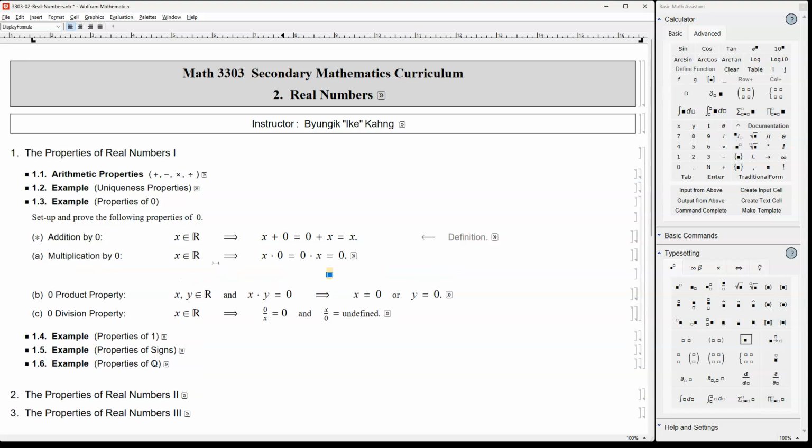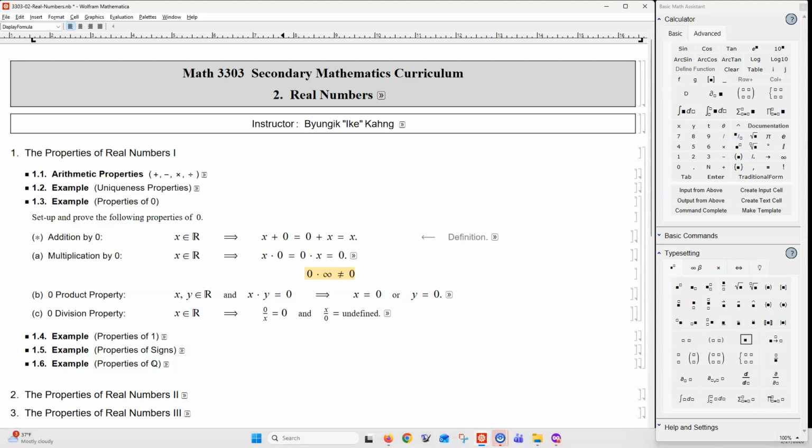Well, one such example is this. 0 times infinity is not always 0 in general. In Calculus 1, whenever you encounter a 0 times infinity type limit, maybe not whenever, there are some exceptions, but most of those exceptions are really artificial, and a 0 times infinity type limit usually turns out to be 0.